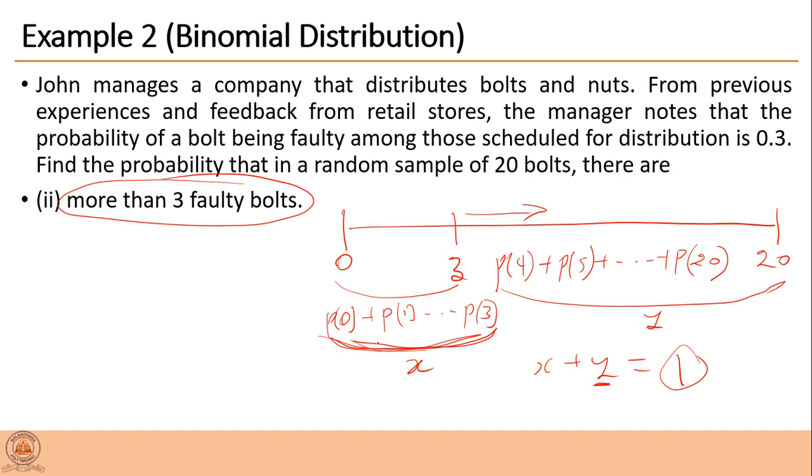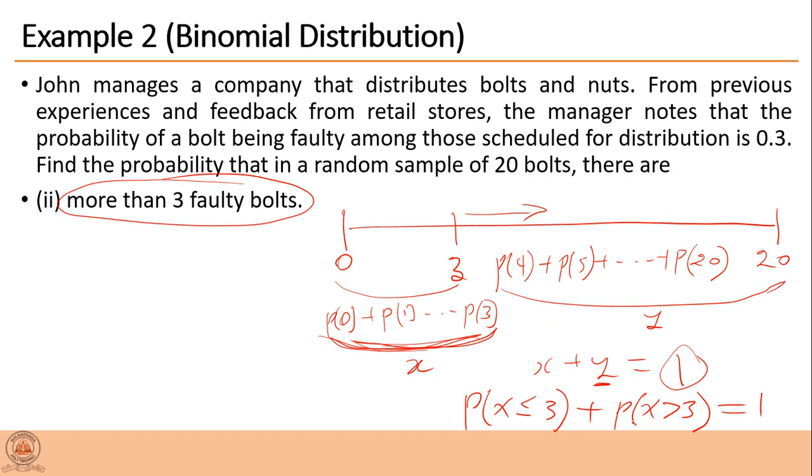So I would rather go for the first one, which I do not need. The first one is the probability of x less than or equal to 3, the second is the probability of x greater than 3, that is from 4 up to 20. The total of this will be equal to 1.